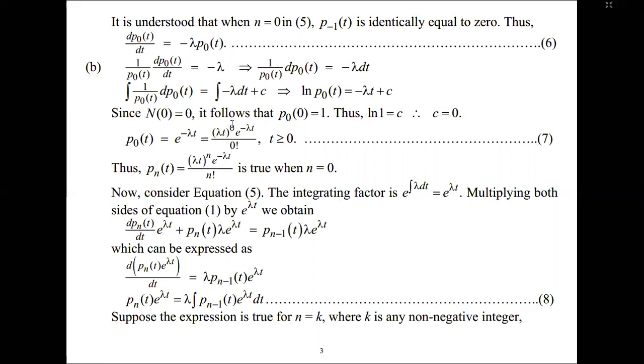It gives you lambda T raised to the power 0, which is 1, times e raised to the power minus lambda T over 0 factorial.